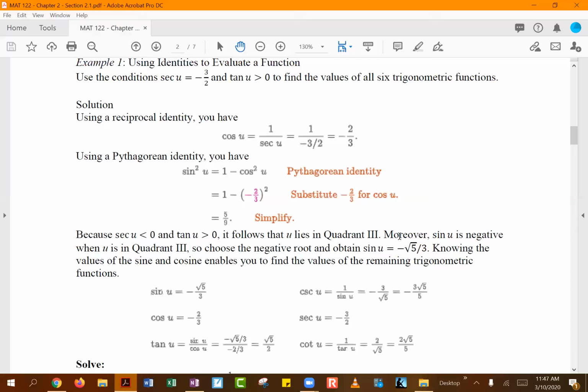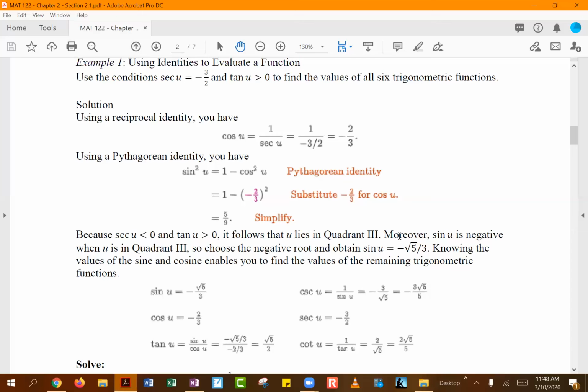So you've got your sine and cosine functions now. Take a ratio of those two values to get your tangent function. Tangent comes out to be √5/2. Once you have the sine function, take its reciprocal, and you're going to end up getting the cosecant. So that's -3/√5. Rationalize the denominator, so you get -3√5/5.